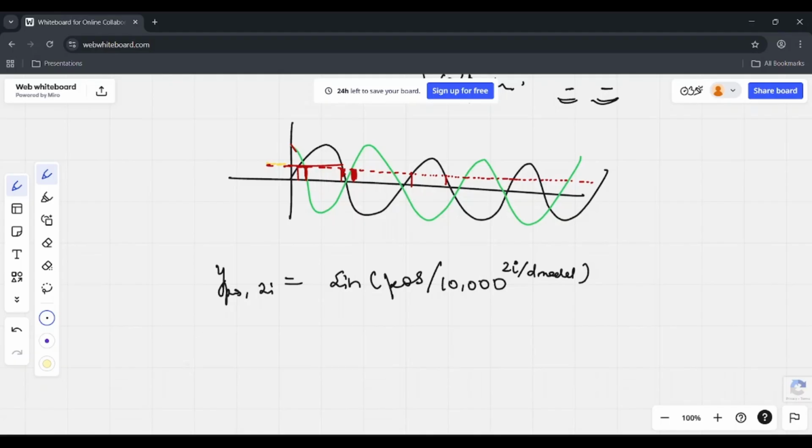This d model is nothing but the dimensionality of the embedding. So if your embedding contains 5 elements, then this will be 5. And what is i? i can have values from 1 to d model by 2 minus 1.